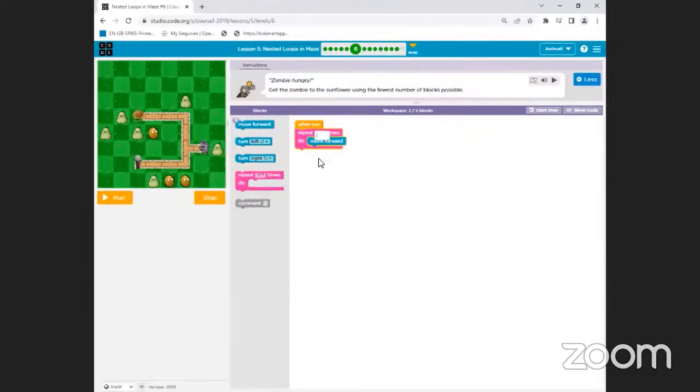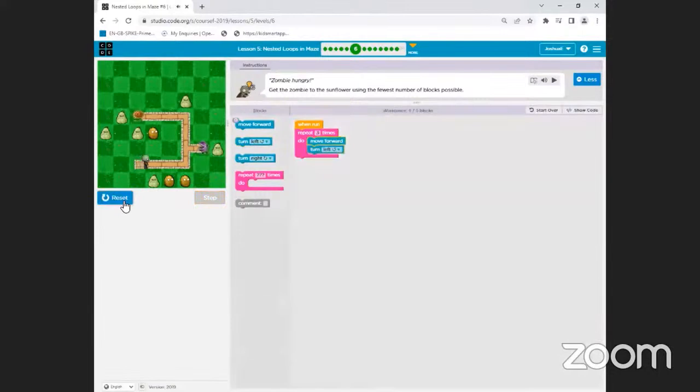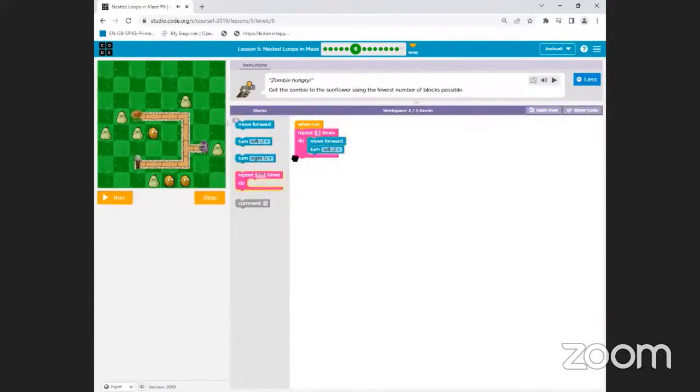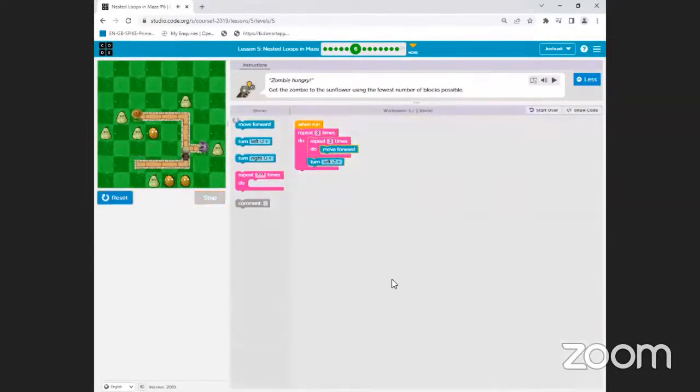So I'm going to do move forward. That should be 3 times. Then turn left. Brains. And I meant to do it like this. Brains.